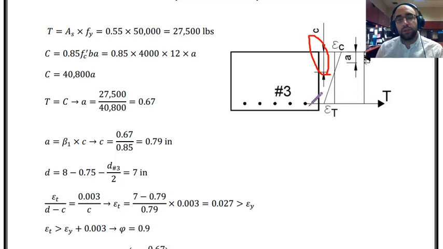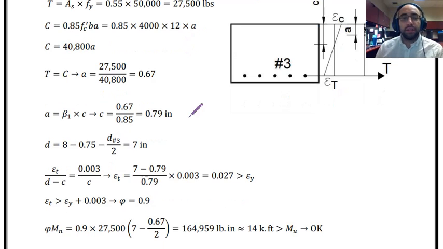All I need to do now is to calculate D, this total distance, and once I know that, I can use the ratios that we can define for these similar triangles. One is over here, the other one is at the top, and based on the ratios of sides in these similar triangles, I can find the epsilon T, or strain, at the level of reinforcement.